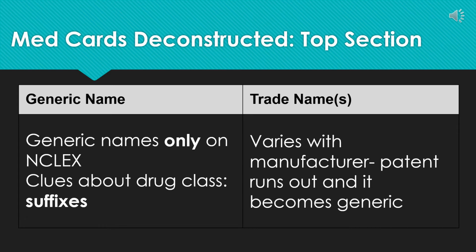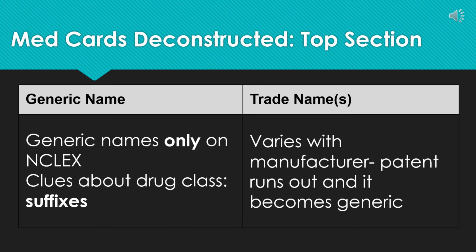PRIL is for ACE inhibitors, so lisinopril is an example of that. There are many different drugs that fall into this category, and if you know the suffix, you can pretty much reason out what the drug class is.